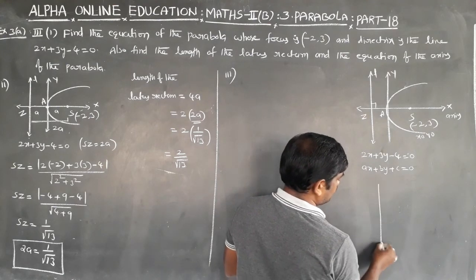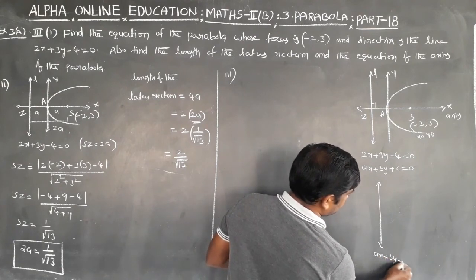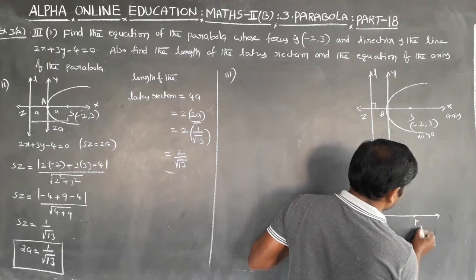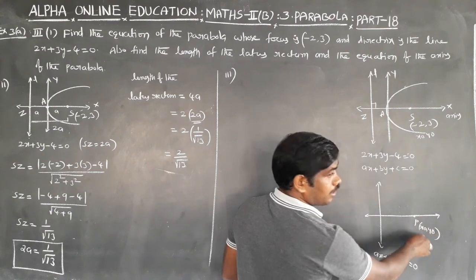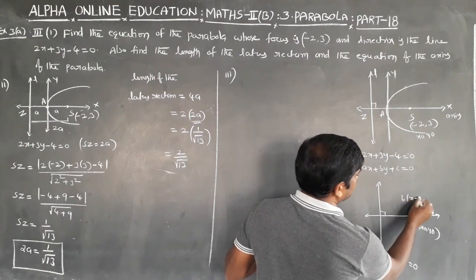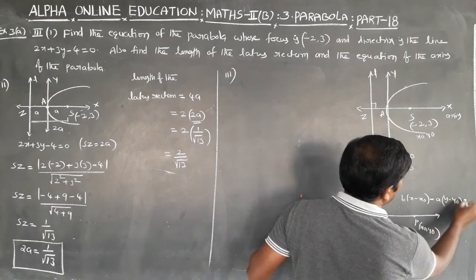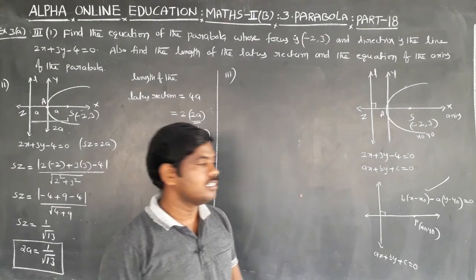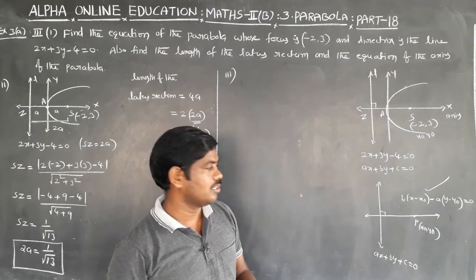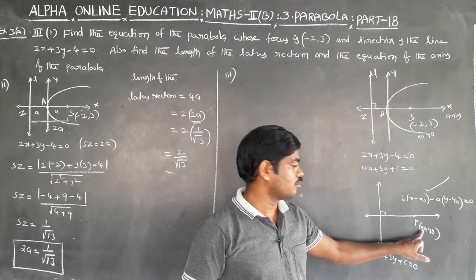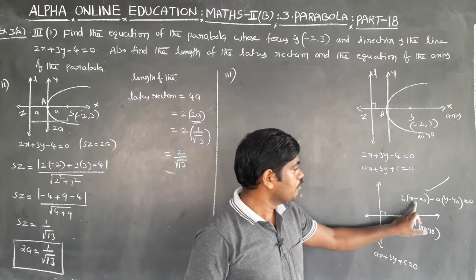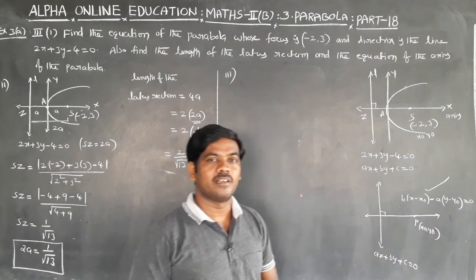The equation of a line passing through the point x0, y0 and perpendicular to ax plus by plus c is equal to 0 is b into x minus x0 minus a into y minus y0 is equal to 0. This is the perpendicular line form.